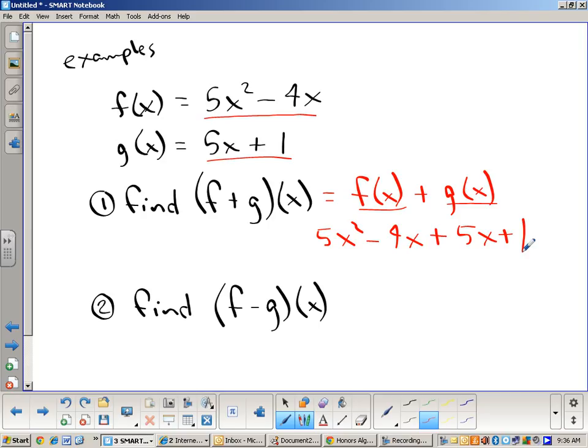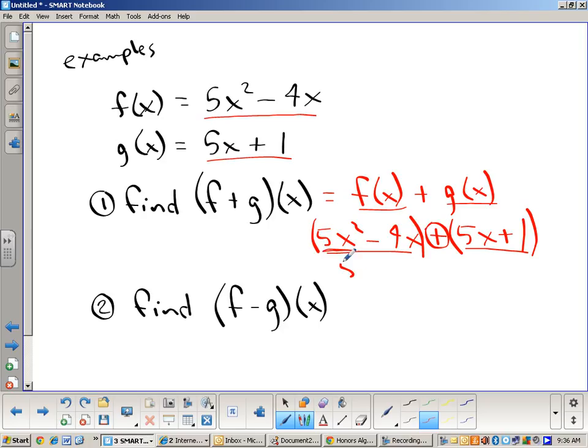Then we're simply going to do what it says. Now, parentheses are not necessary here. I'm going to put them in for a moment anyway. This is all of f of x. This is all of g of x. We're adding them, but because we're adding them, the parentheses are not important. Are there any other x squared terms?